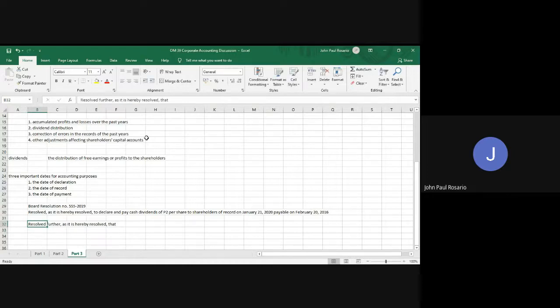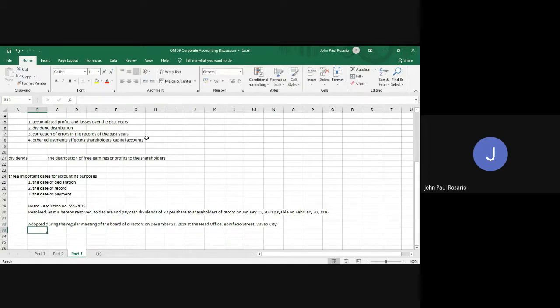So, this is the adopted during the regular meeting of the board of directors on December 21, 2019 at the head office, Bonifacio Street, Davao City.